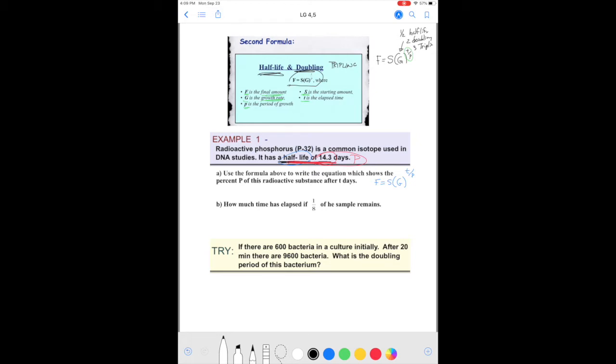So what do we start with? It doesn't really say. It just says radioactive phosphorus. So we know that's one chunk of phosphorus. Half-life, that's its growth. The time we do not know, so T is unknown, and the P is 14.3. Okay, so there is our formula.